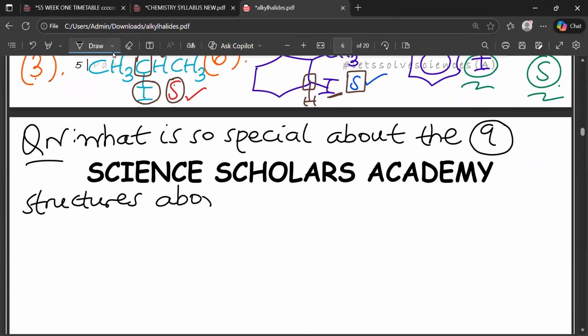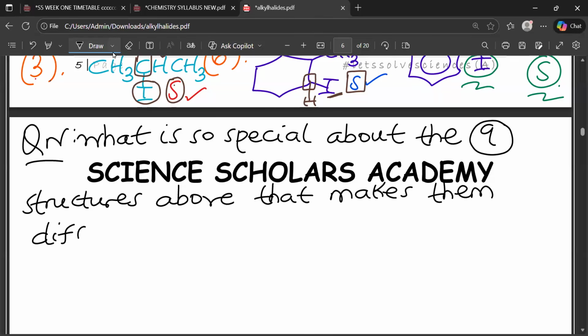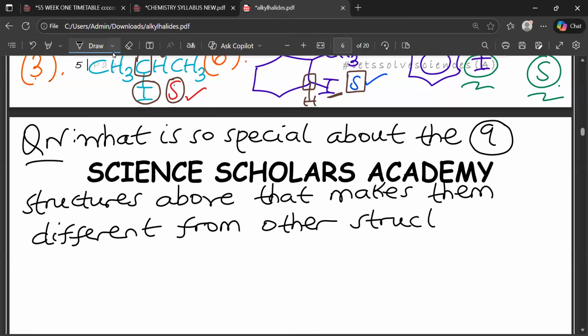What is so special about the 9 structures above that makes them different from other structures? Who can answer that question?